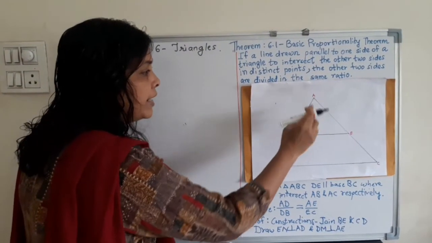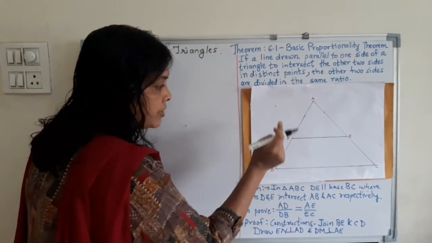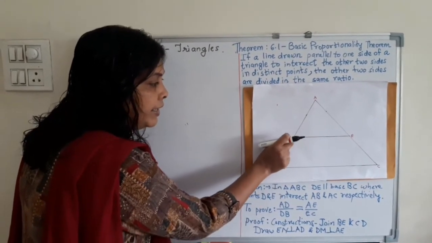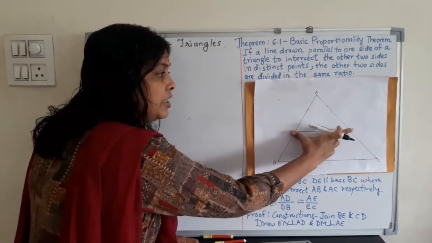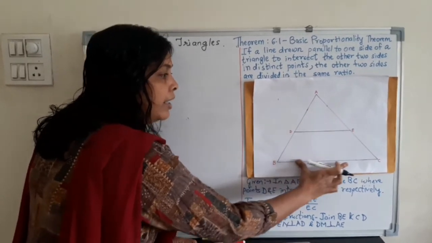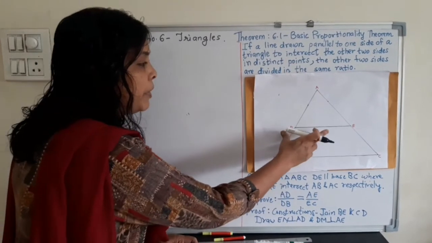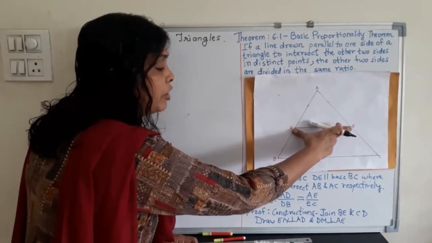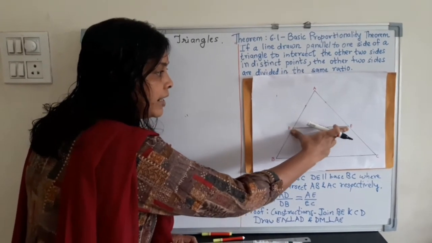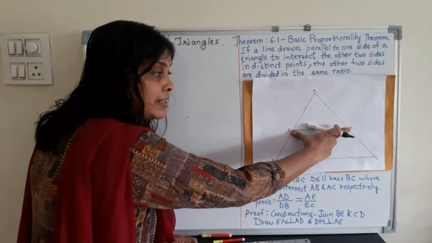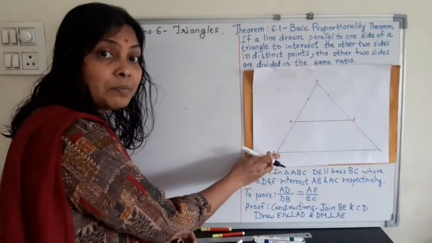Now these two sides are intersected at two distinct points. AB is intersected at D and AC is intersected at E. So this segment DE is parallel to BC. That is what they have given. It means this segment, which we get by intersecting the remaining two sides at distinct points, is parallel to the third side, which is here the base BC.